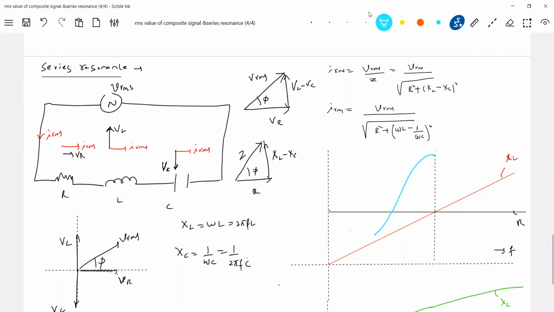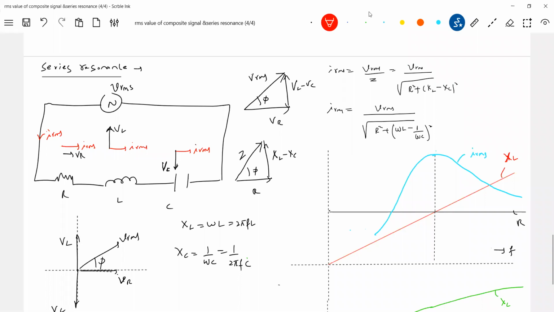It need not be symmetric. So this will be the expression for current: IRMS, or you can write only maximum current. When I plot all the things, I'm getting the curve like this.